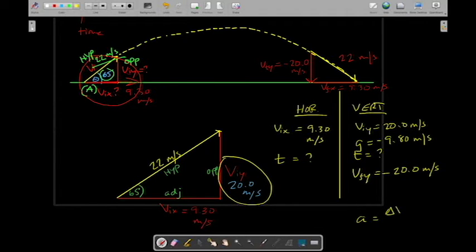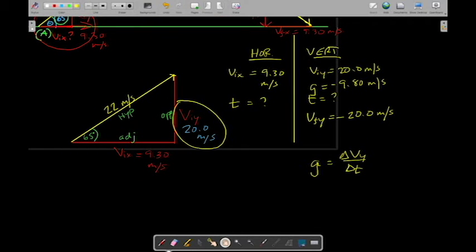Acceleration equals change in velocity over change in time. Keep in mind that the acceleration is just gravity, so I'm going to change the a to a g. Remember that all these values have to be in regards to the y-axis because we're looking at the vertical components only. So we're looking at change in velocity y over change in time.